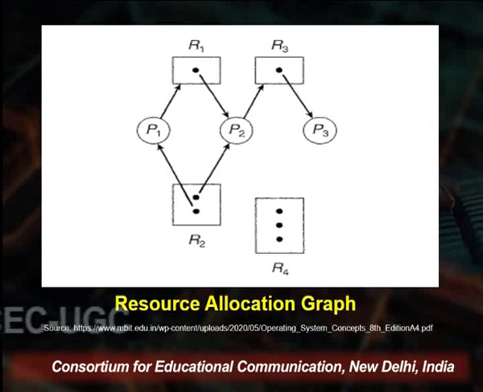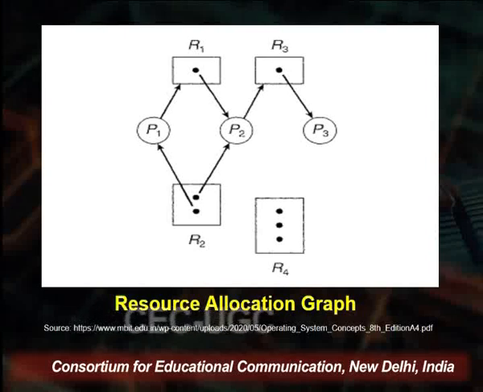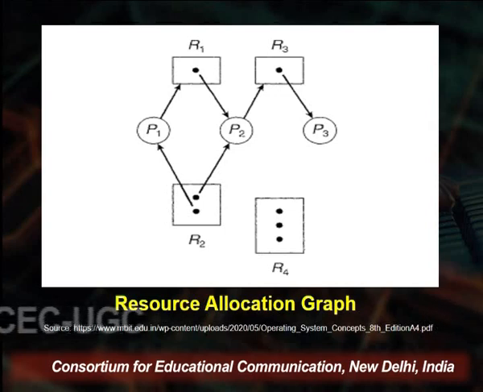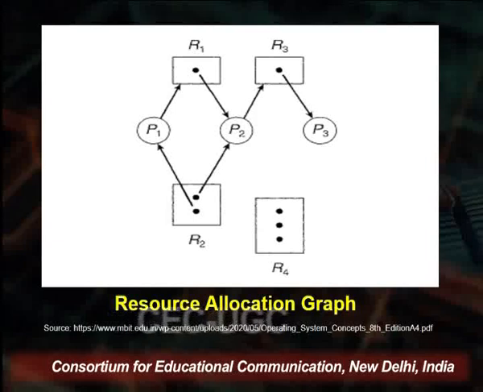Now let us consider the situation that R2 has only a single instance. In case of a single instance, either it will be given to P1 or it will be given to P2. So what will be the situation if there is only one instance of R2? I am assuming here that R2 is already assigned to P1.